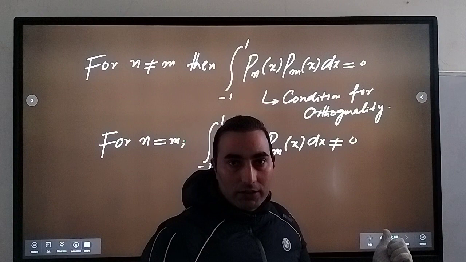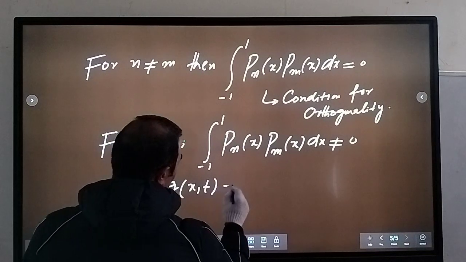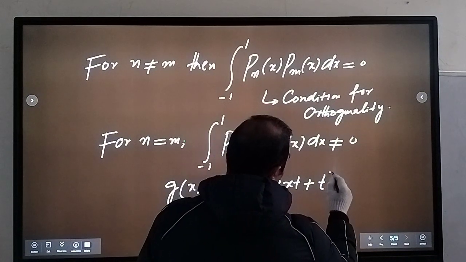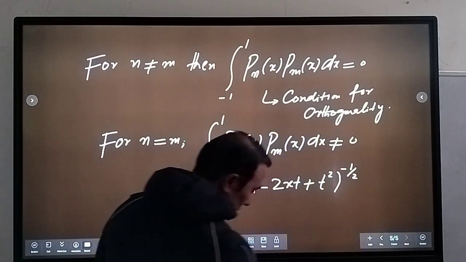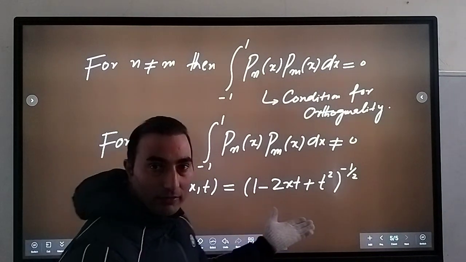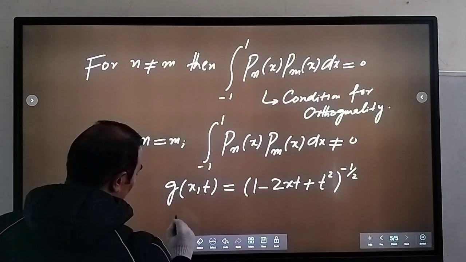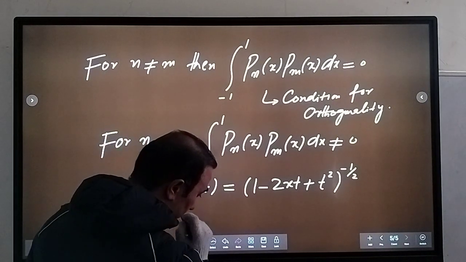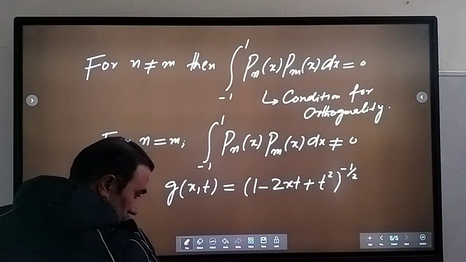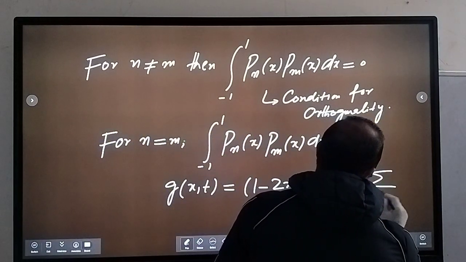So from that generating function, let's rewrite. We know that the generating function corresponding to this Legendre polynomial is 1 minus 2xt, and you can rewrite this as 1 minus 2xt equal to the summation.